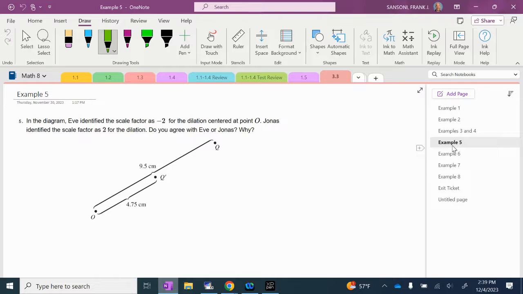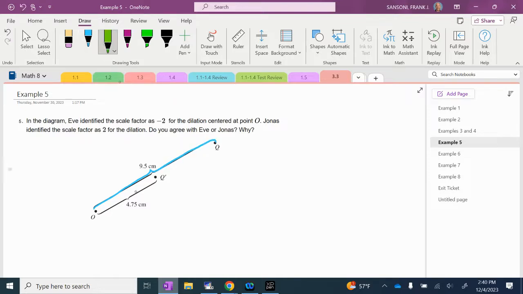And then Jonas identified the scale factor as 2. So did it get larger or did it get smaller? Look at the original and look at the prime. The prime is the image. It got smaller, right? So here's the original. Let me go with blue. The original is always O something without a prime. So here's my original.